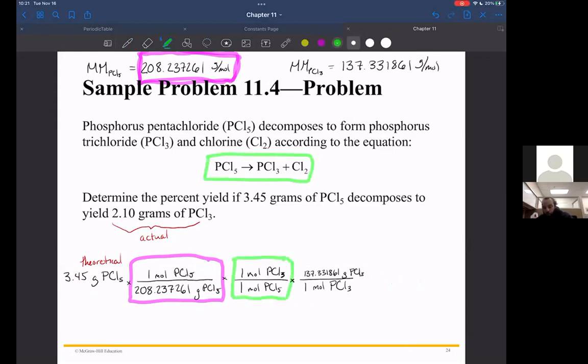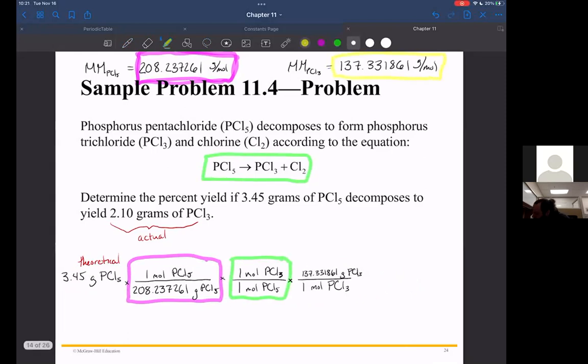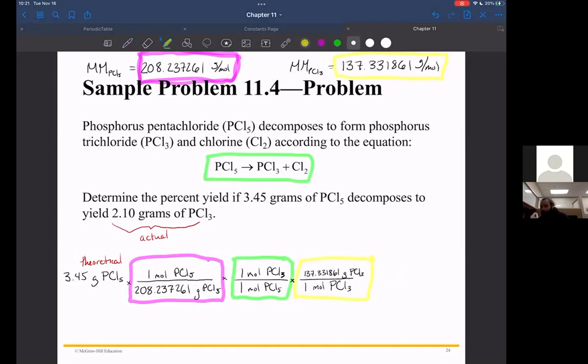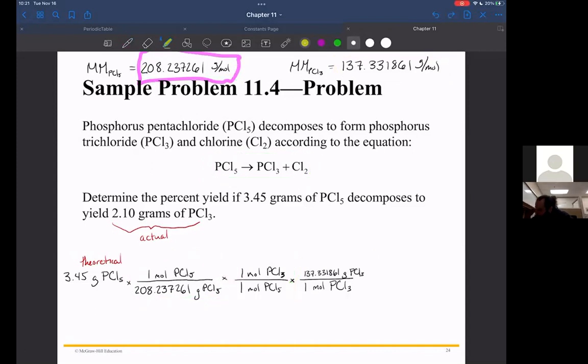That's how I went from moles phosphorus pentachloride to moles phosphorus trichloride. And then lastly, use this molar mass for phosphorus trichloride to get back into grams, from moles phosphorus trichloride to grams phosphorus trichloride.